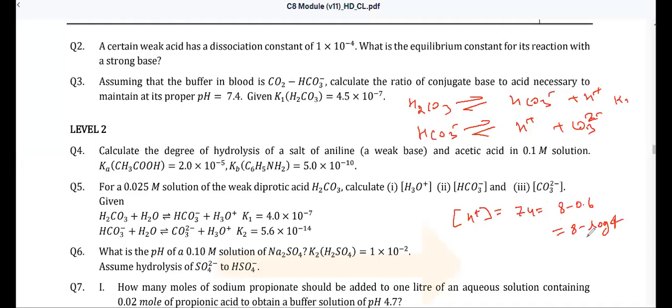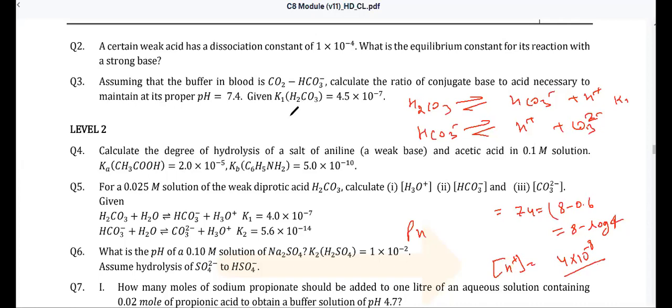Sorry, this is pH. Now, if you talk about concentration of H plus, it will be 4 into 10 power minus 8. So concentration of H plus is given. Yes or no?